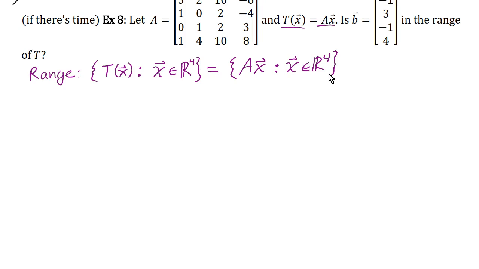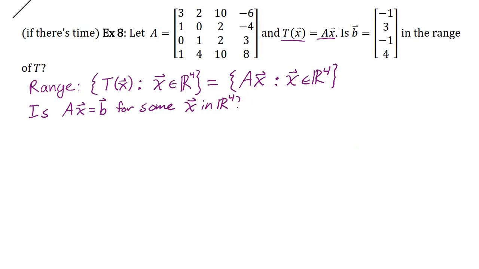Now if you want to know is b in that set, what we want to know is, is b equal to A times x for some x in R4. First of all, we want to know, is this equation true?